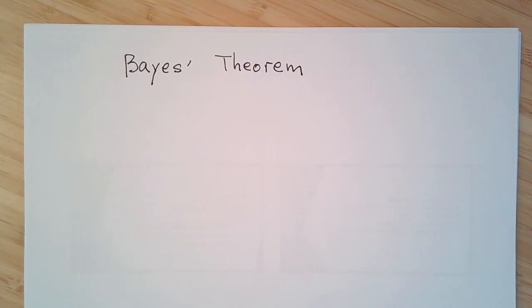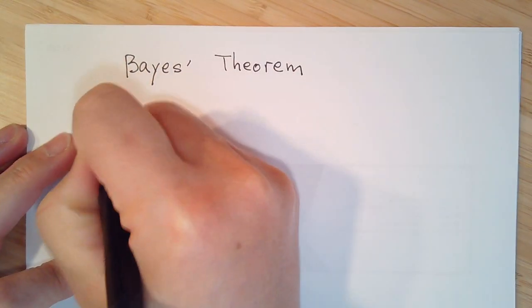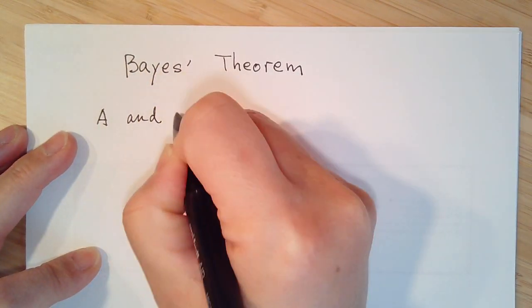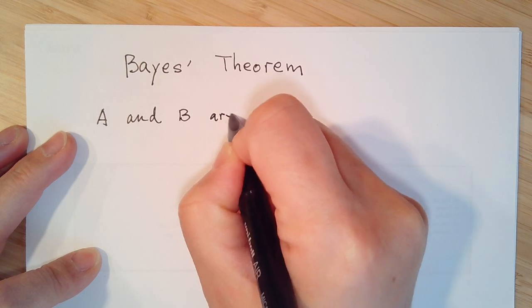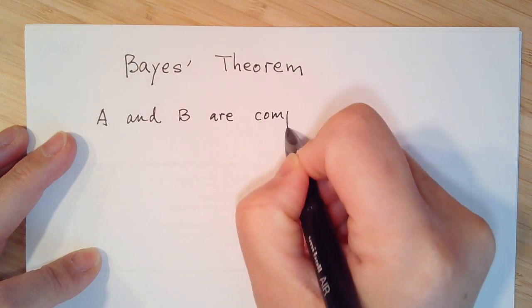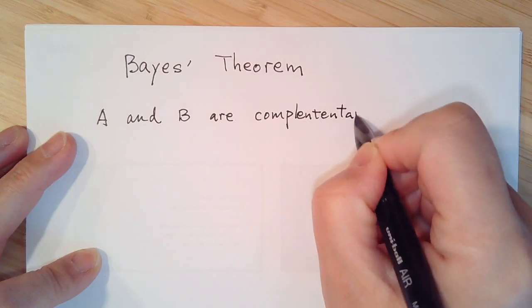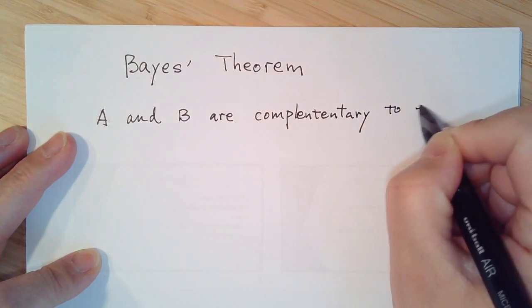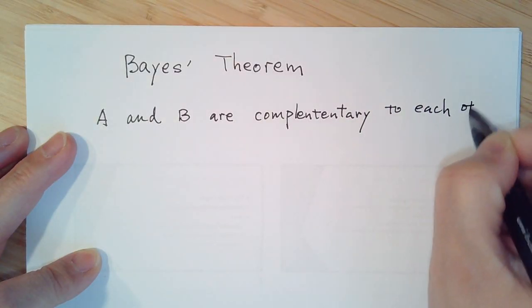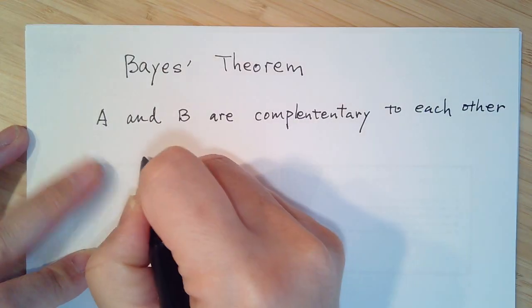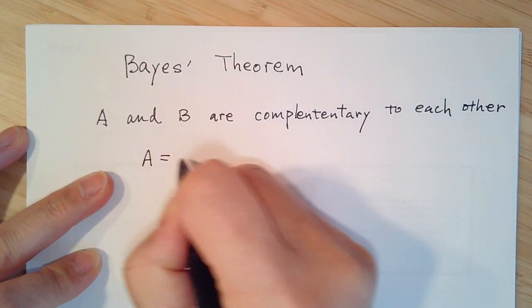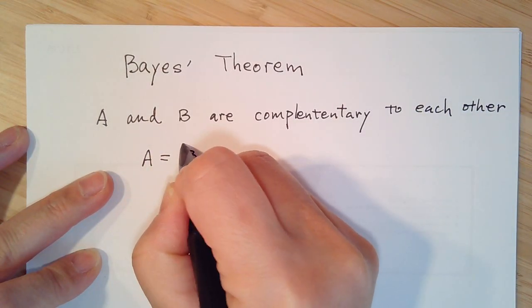We have learned in the earlier sessions, and I think you still remember that. The first one is complementary events A and B. If A and B are complementary to each other, then A is the same as not B, right?